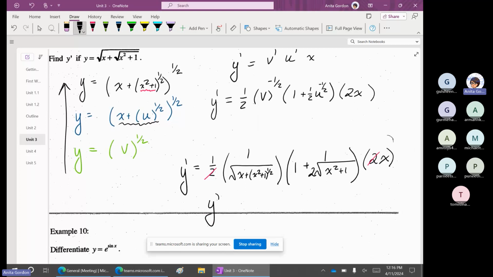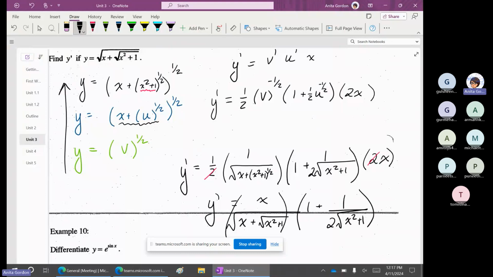You could, again, try different things, but I just want to get us doing the actual exercises of it all. So this is x squared plus 1 times 1 plus 1 over 2 square root x squared plus 1.